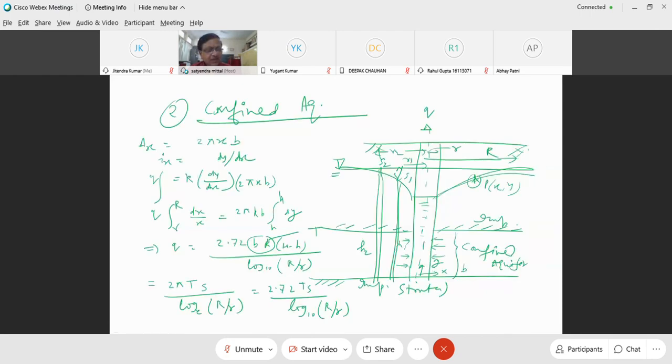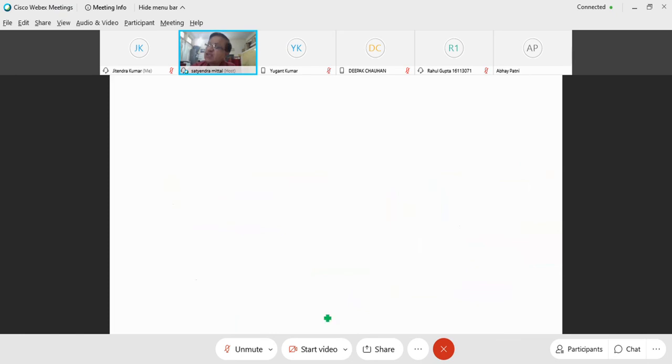So this is the value of Q in case of confined aquifer. Here capital T is the coefficient of transmissibility, which is equal to b into K. And S I have already explained in the figure, that is called drawdown in the well.